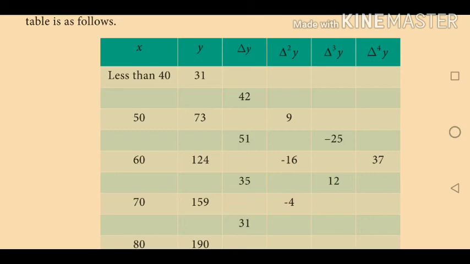There are only two or three steps. First, find x0 and y0. Then find delta y, delta square y, delta cube y and delta 4y. After that, substitute these values into the formula and find the missing term.